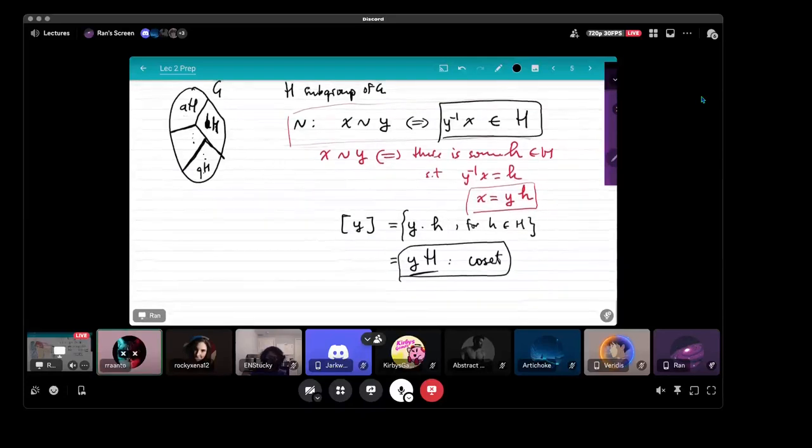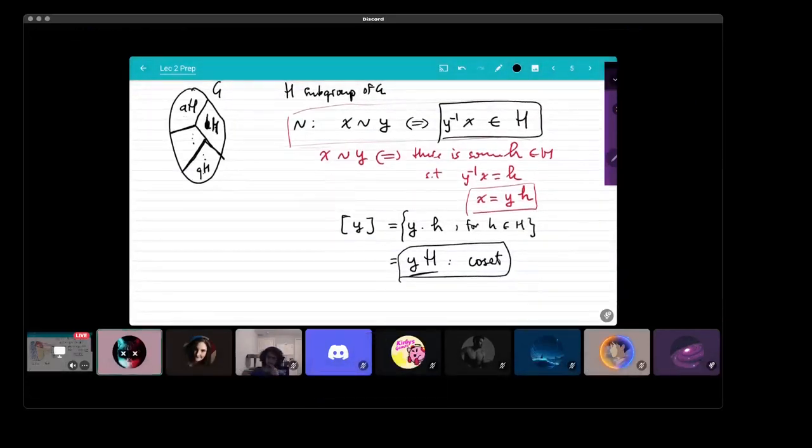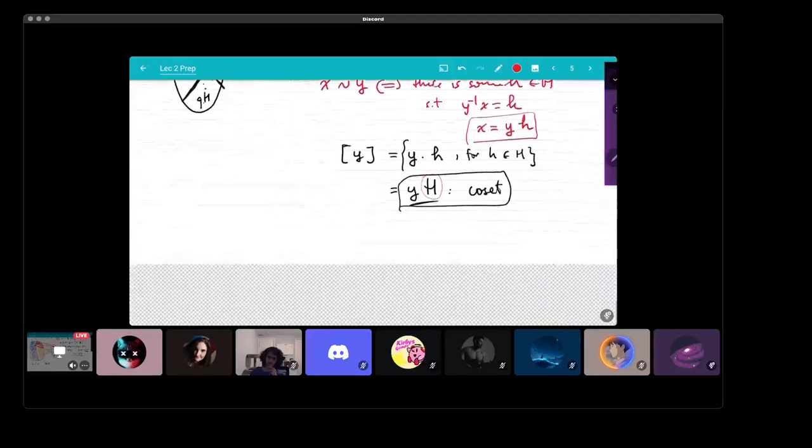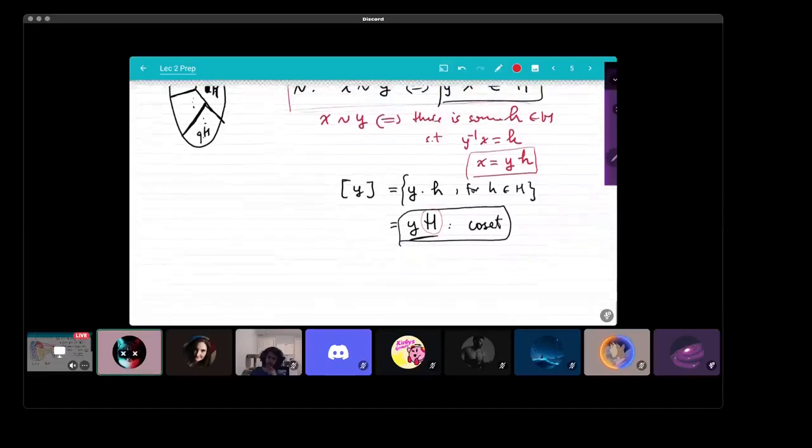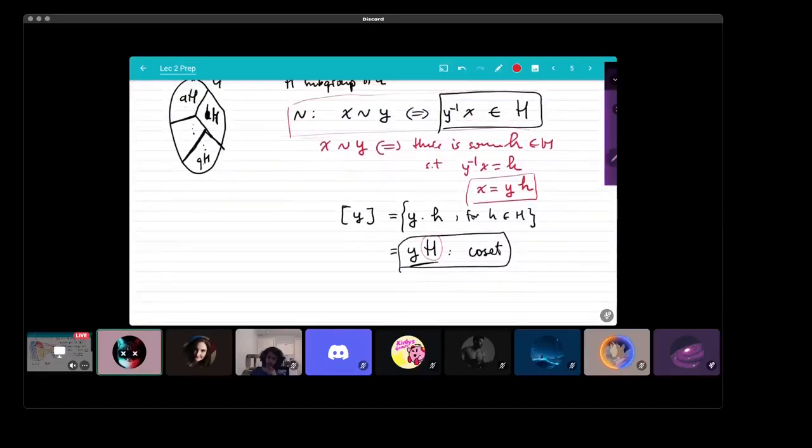Something interesting about this is that each equivalence class is defined using the subgroup, so they all look similar in the sense that they have the same order. For example, there are the same number of elements.